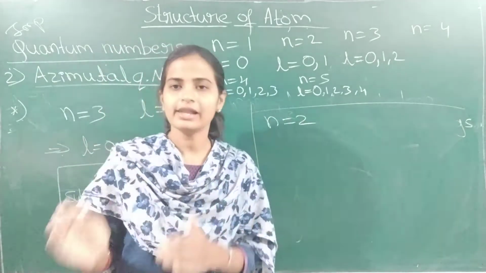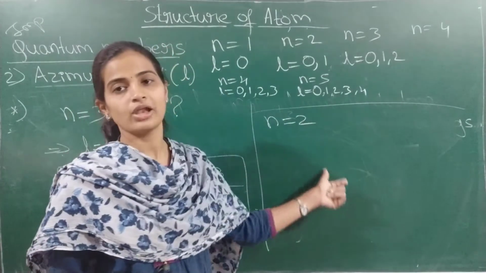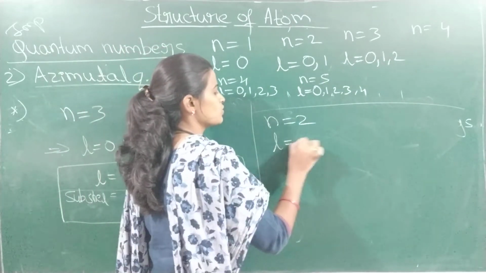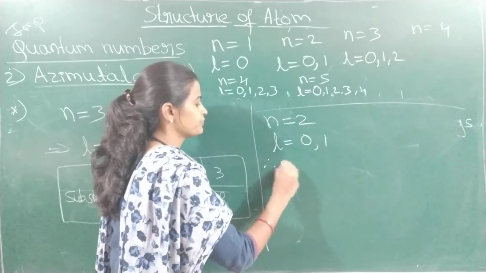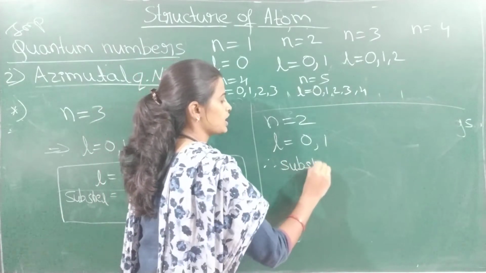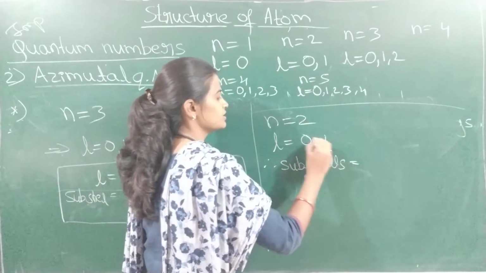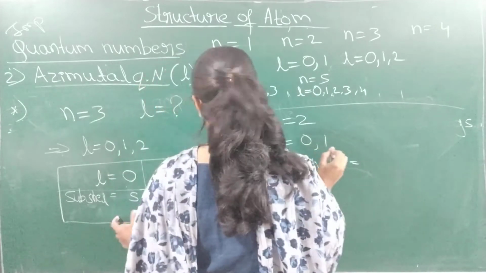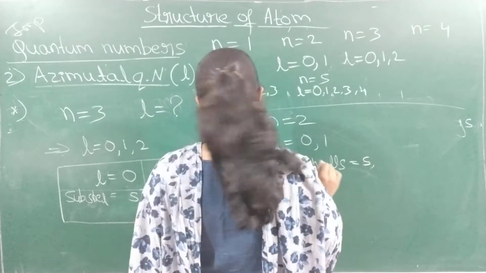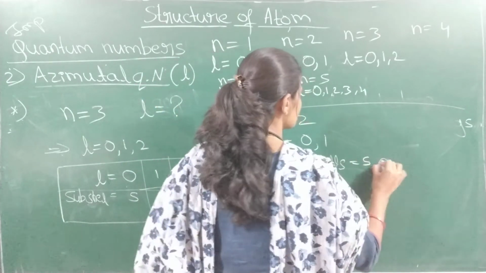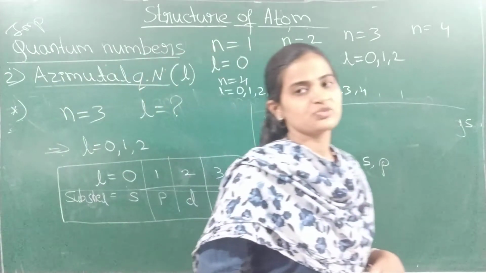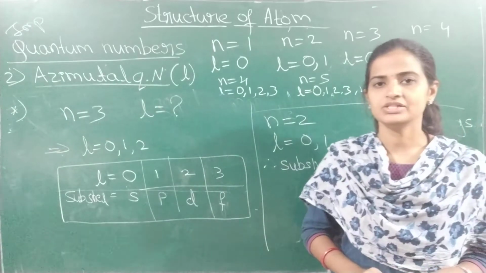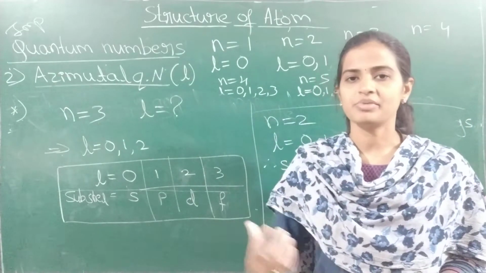To tell what are the subshells, we should write the values of l first. l is equal to what? 0 and 1. We know how to write it. Therefore, what are the subshells present here? l is equal to 0 means s subshell. l is equal to 1 means p subshell. So what are the subshells present? s and p. s is spherical in shape, p is dumbbell in shape, and d is double dumbbell in shape.